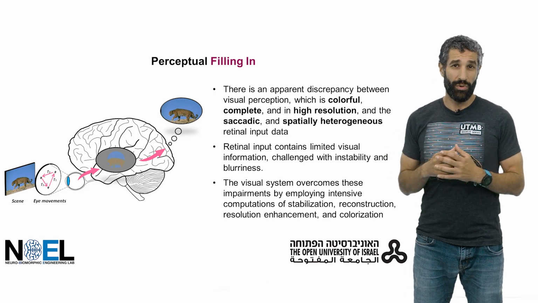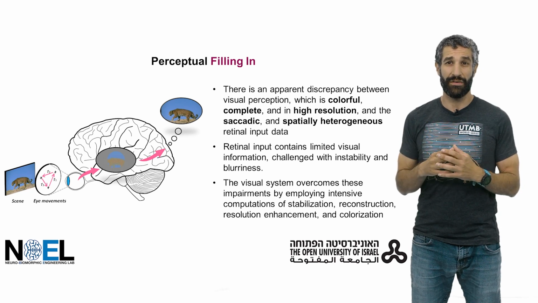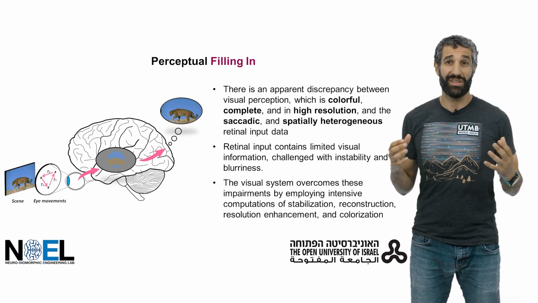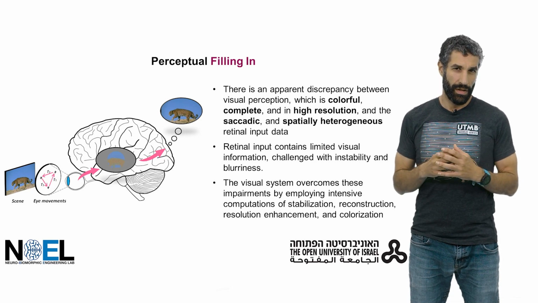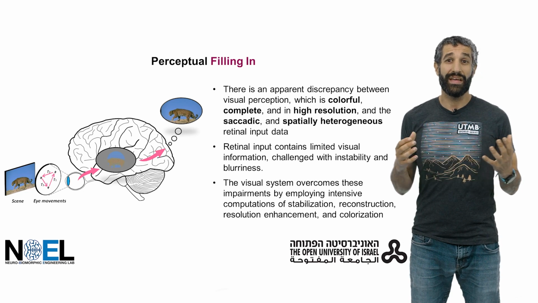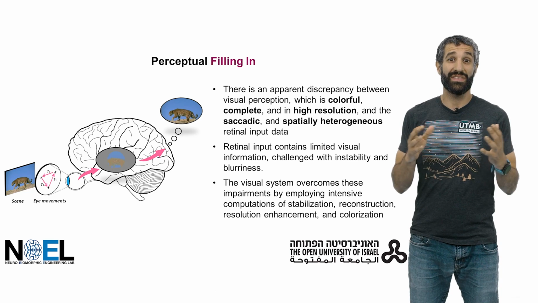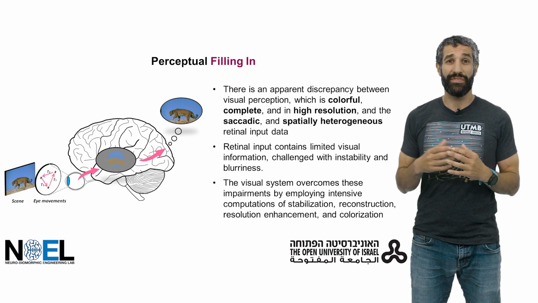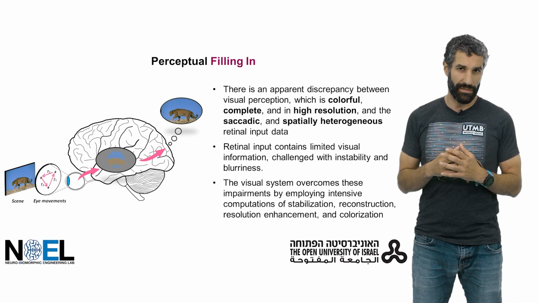Retinal color processing is also considered to deteriorate in the peripheral retina, where the visual signals are of low resolution and color cues. Another important characteristic of human vision is that it is based on saccadic vision, where the eyes are constantly and successively fixating on changing locations several times per second.